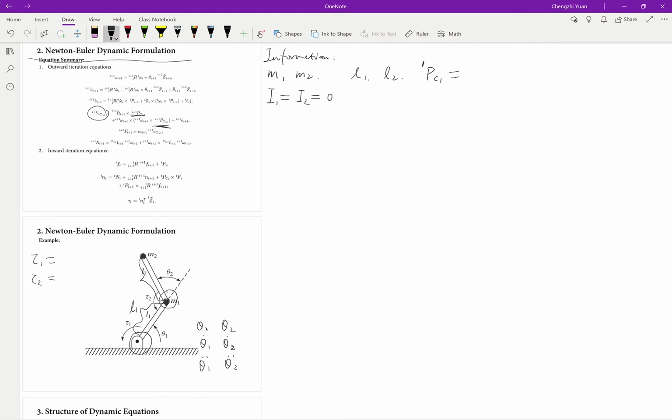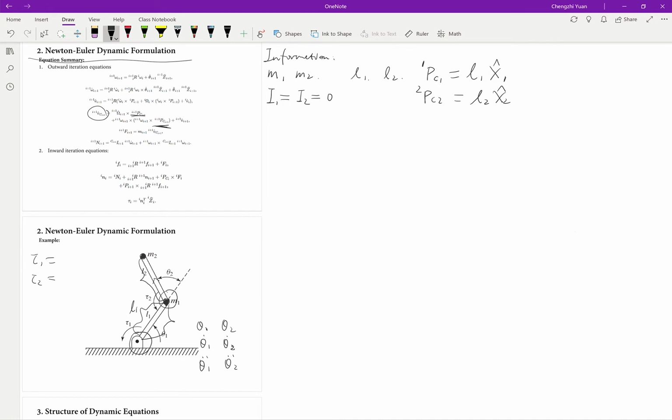So let's assume PC11 equals the length L1 along the x1 axis, and PC22 equals L2 along this axis, x2 hat.